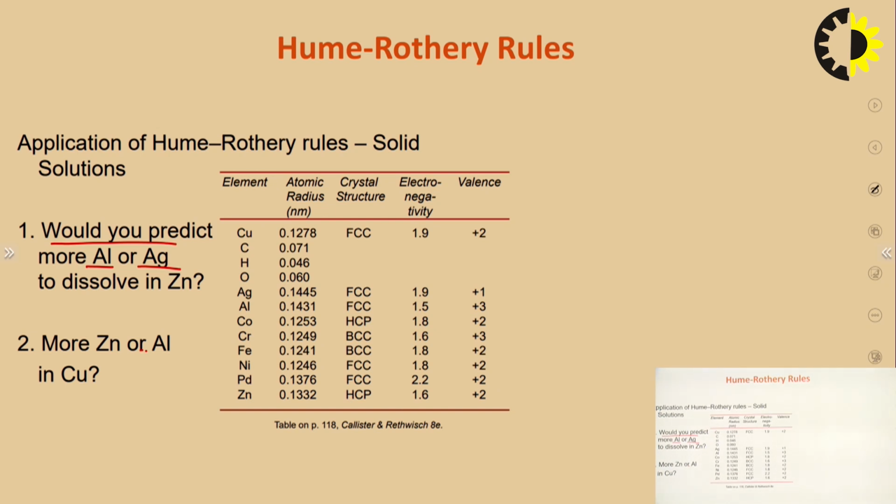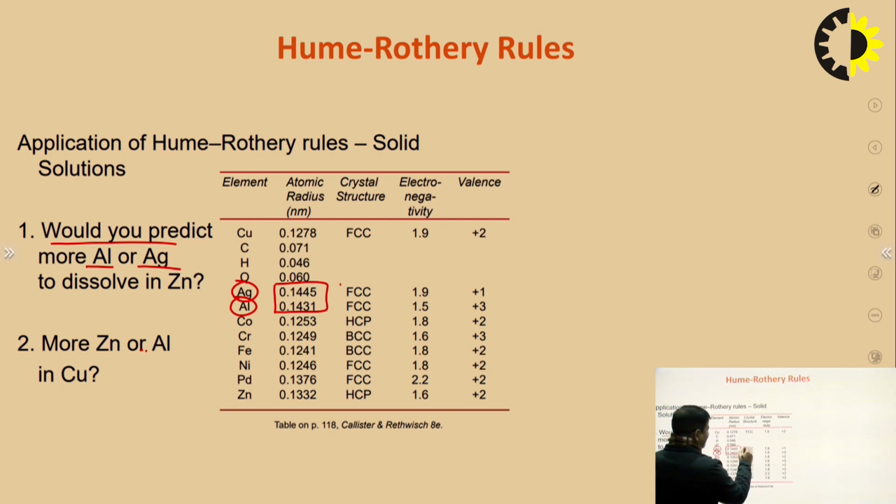So here we have to check with these two, one element here and the second element there. The first parameter is atomic radii. You can see it is quite close, within 15% difference, so it follows that rule.